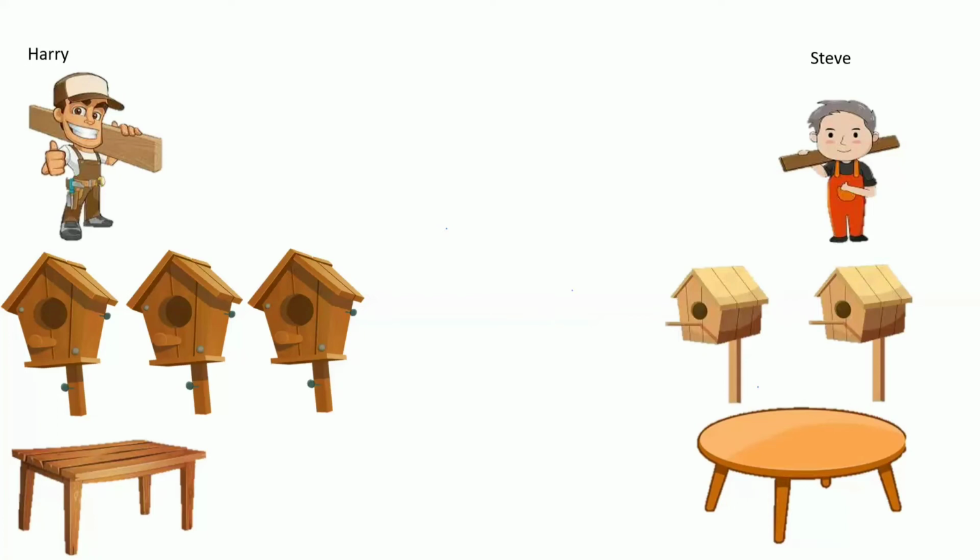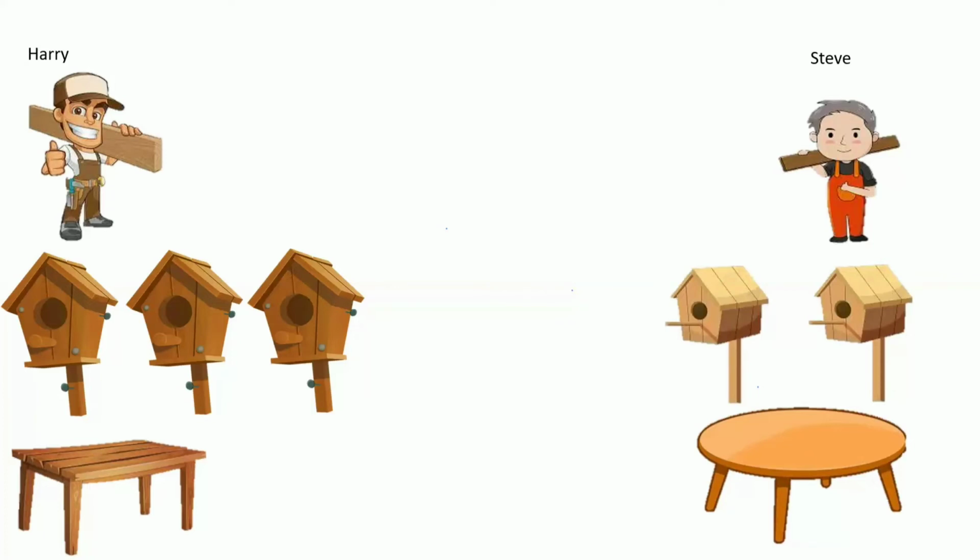Okay. So Harry's opportunity cost for making 1 bird house, 1/3 of a table, is lower than Steve's opportunity cost for making 1 bird house, half of a table. Therefore, it makes more sense for Harry to make bird houses, and this works out well for Steve too.